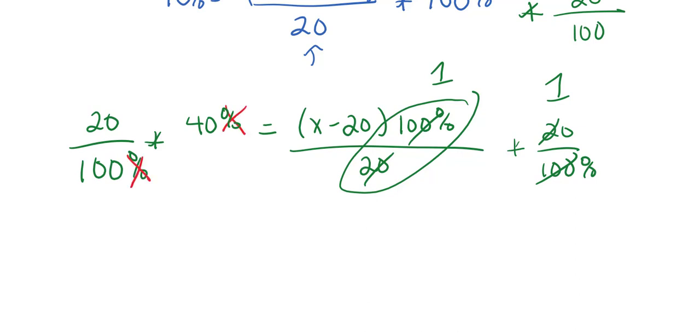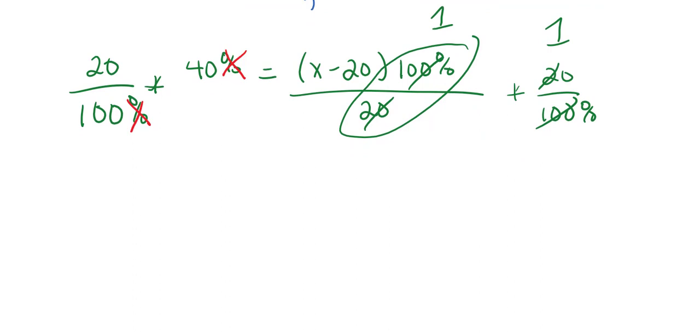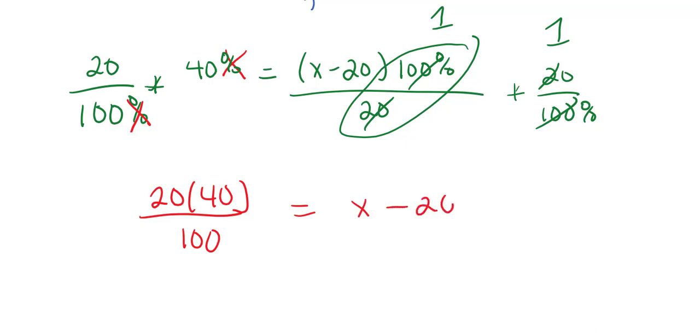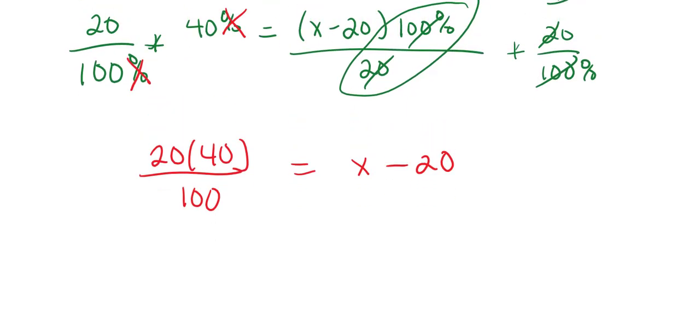Notice now these percentages cross out, which is good because we want just a number, not a percent. So we have 20 times 40 divided by 100, which is equal to x minus 20. Because being multiplied by 1 doesn't change any of this because that still becomes a 1. If we did distributive property, that's still minus 20.